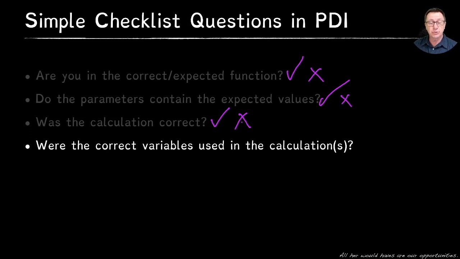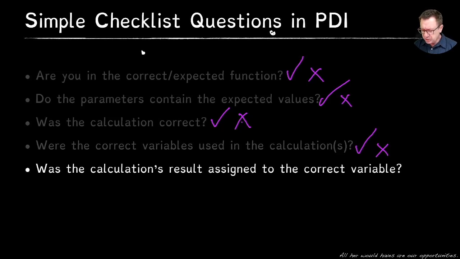We're meant to add 2 numbers together, x and y, or we're meant to find the distance perhaps between 2 points. Did we use the correct values in the calculation? And you're going, David, this sounds really obvious. Well, once you start writing code and your code has got 150,000 lines of code, things may not be as obvious. So were they the correct ones? Yes or no?